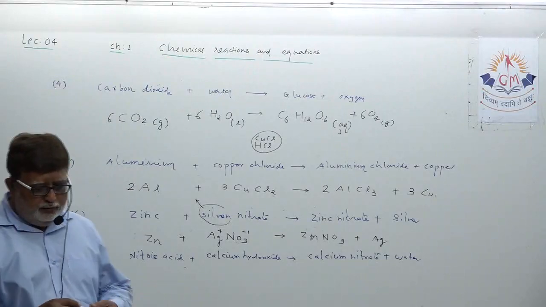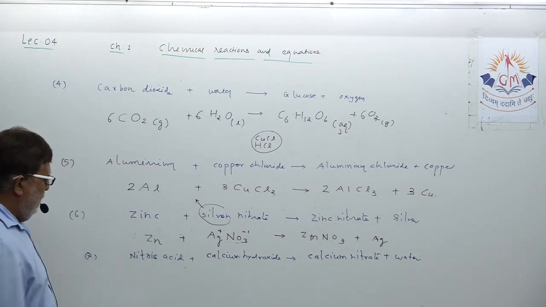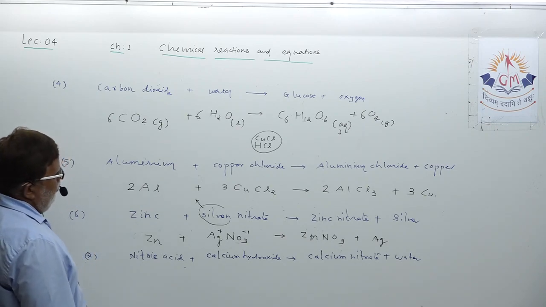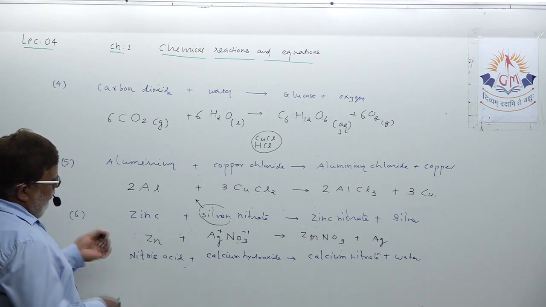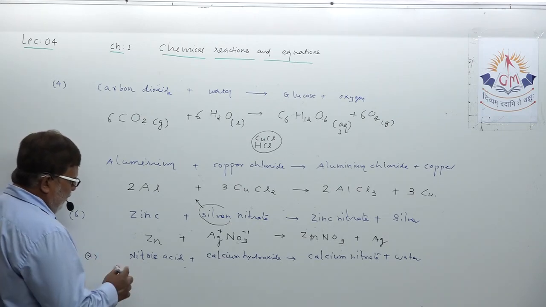Nitric acid plus calcium hydroxide gives calcium nitrate plus water. We have to write and balance this chemical equation.